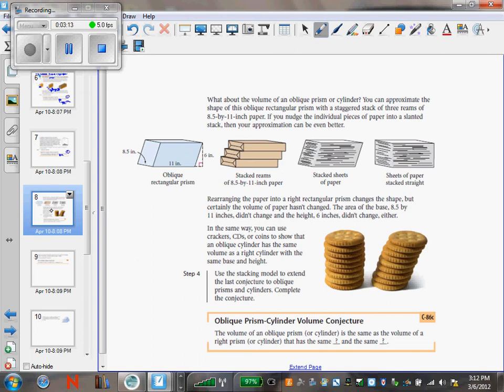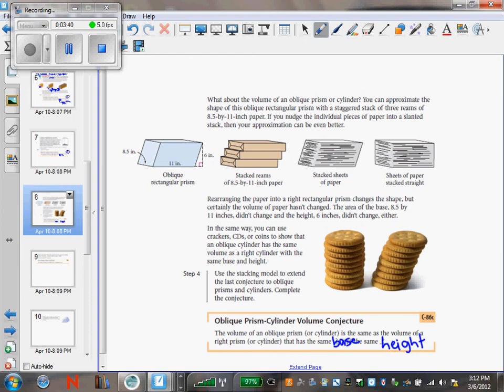Now we talked a little bit about oblique rectangular prisms. I told you we weren't going to talk about them a whole lot, but if it is oblique, it's just going to be the same formula. The volume of an oblique prism or cylinder is the same as the volume of a right prism or cylinder that has the same base and the same height.